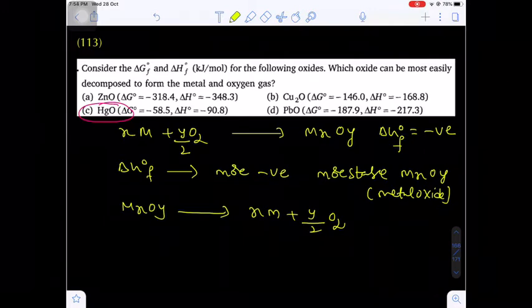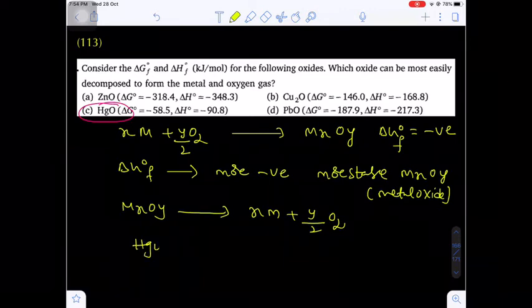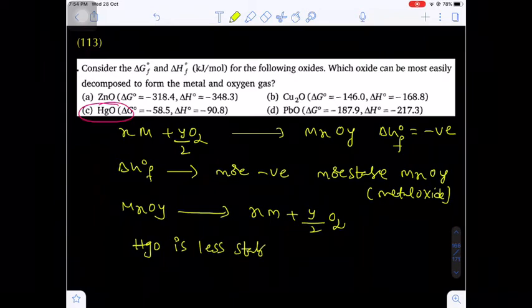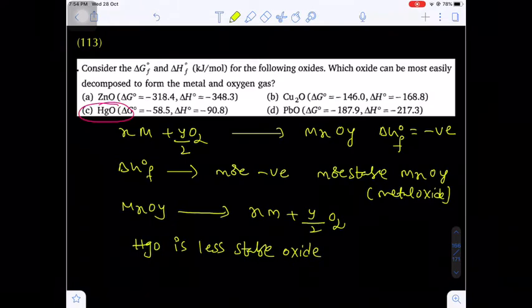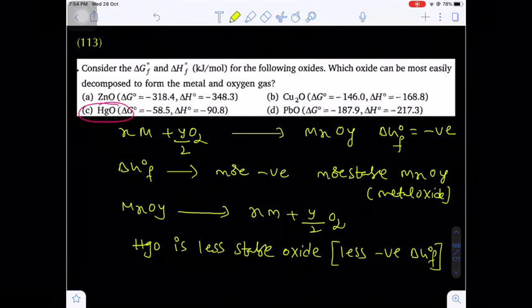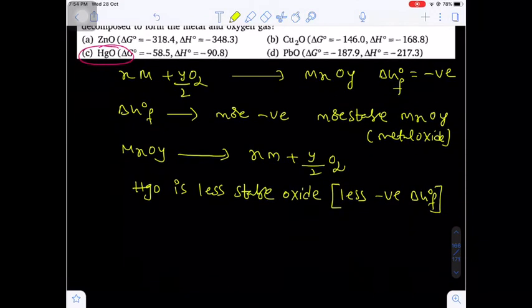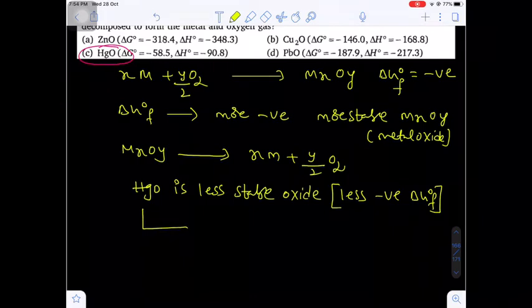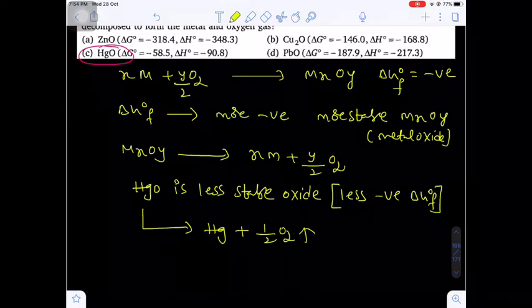So out of four options, mercuric oxide, that is the metal oxide, is the less stable oxide. Why is it less stable? Because it has a less negative delta G naught f value. Out of the four metal oxides, mercuric oxide is a less stable oxide. That's why it easily undergoes dissociation to give mercury and oxygen. Are you getting my point?